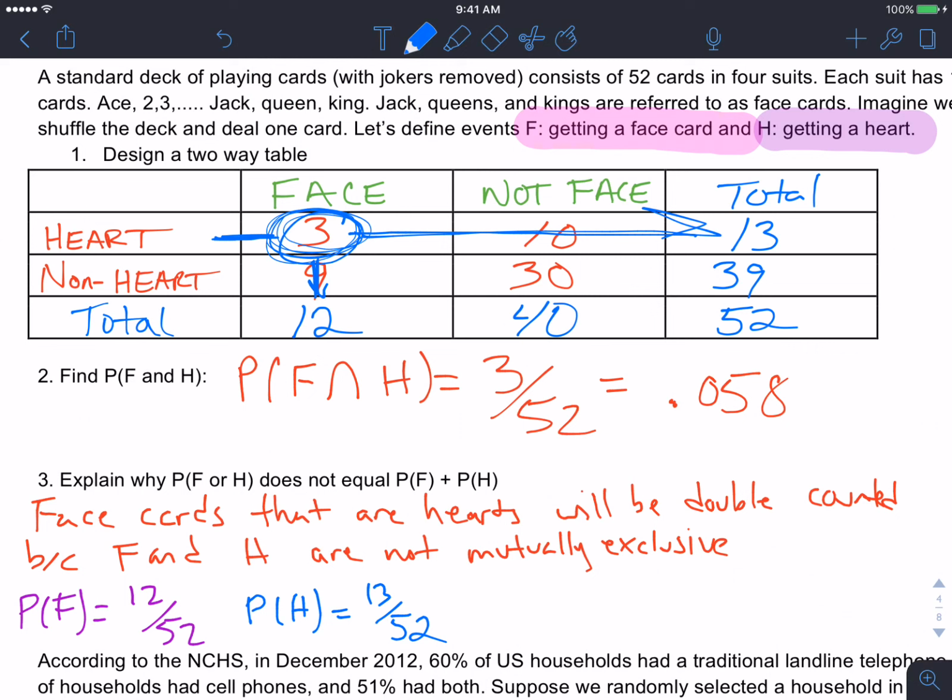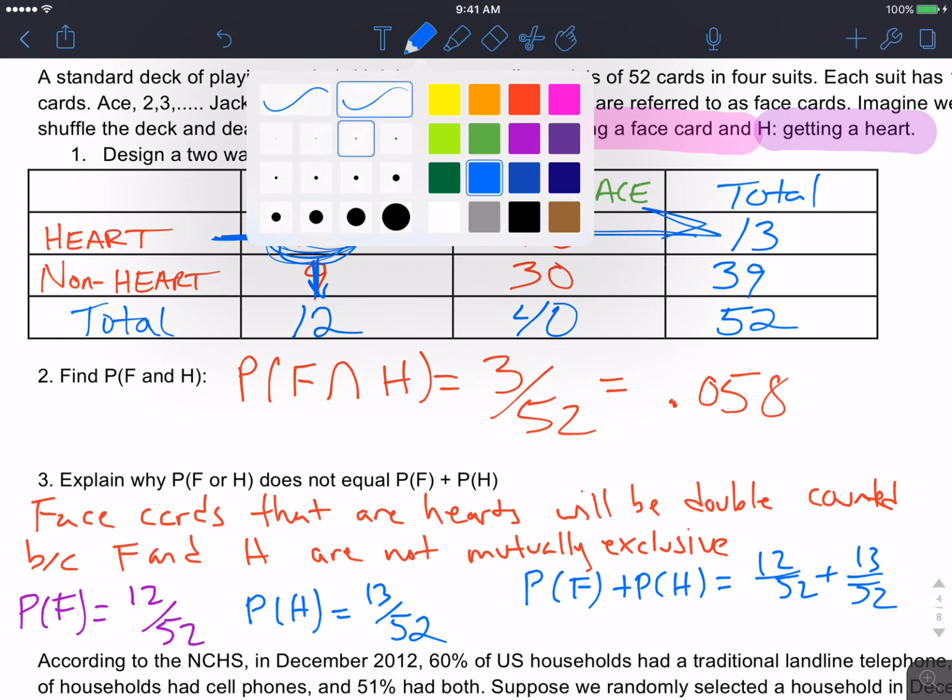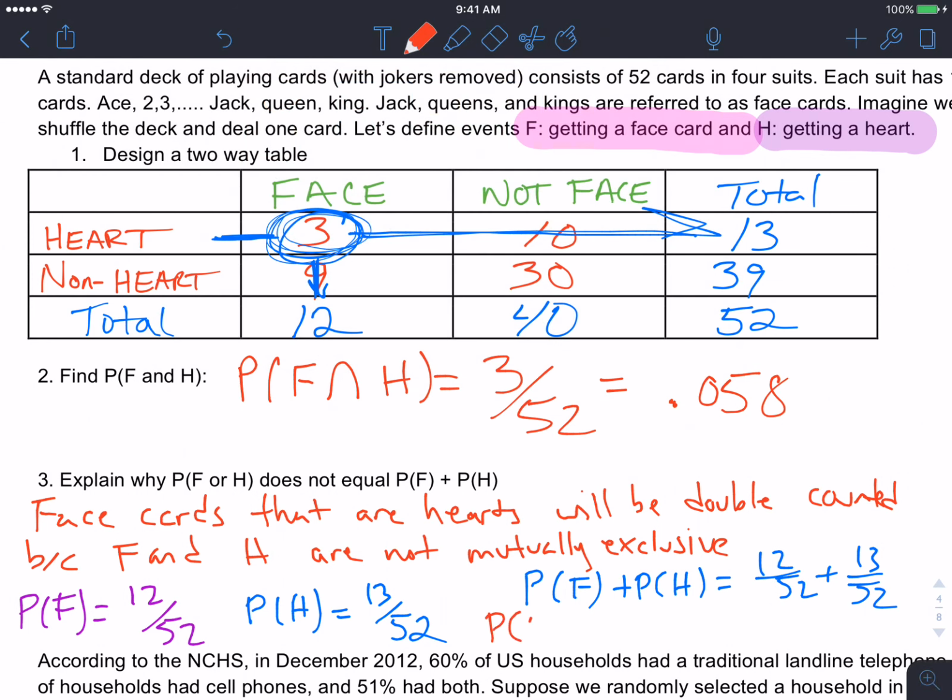So the probability of face plus the probability of heart, you would just go ahead and add them up. But notice that is very different than the probability of face or heart.